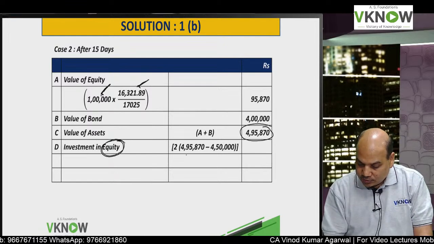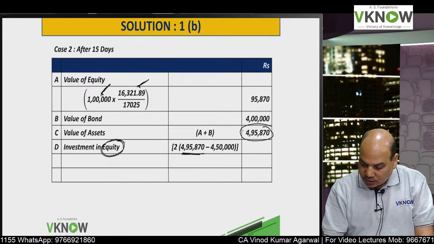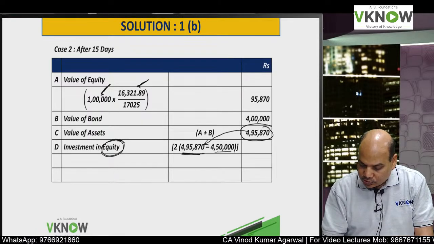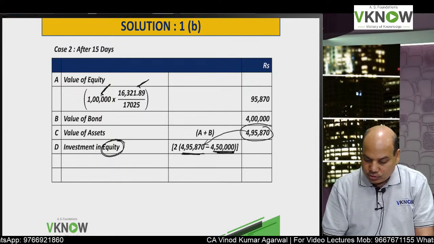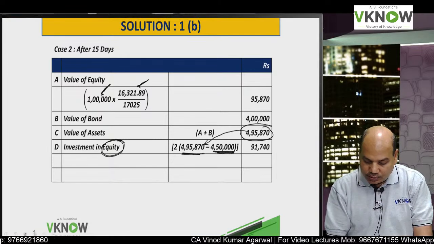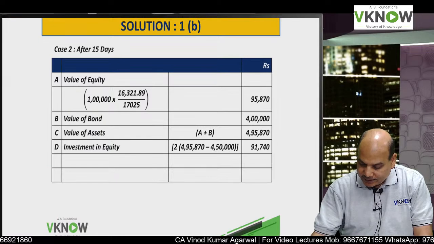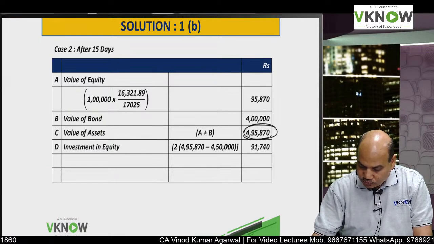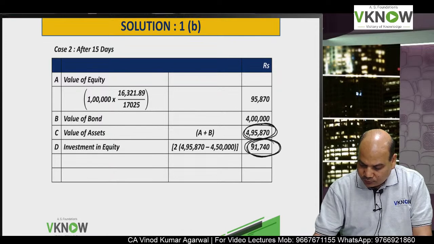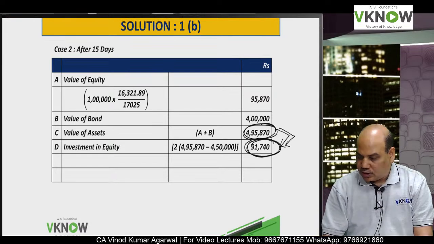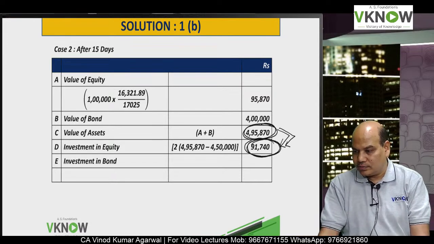You will write 2 into, this is my asset value, this is floor value, so this comes to 91,740. This is my total asset value. Now I am going to invest only 91,740.